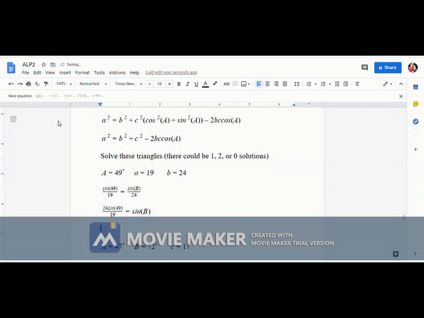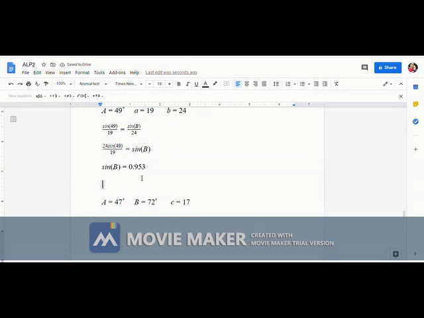Okay, and then sine B, we'll just punch this side into a calculator and we get 0.953, and now we can use the inverse sine function to find out what the angle B here is going to be.